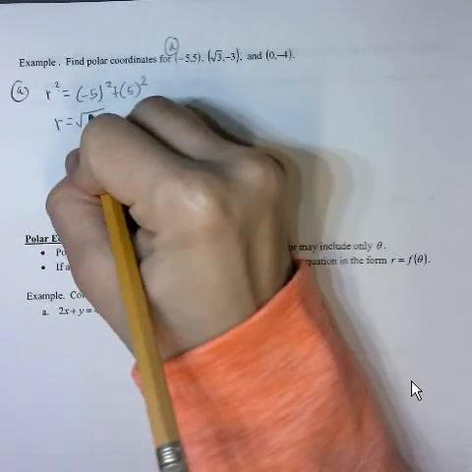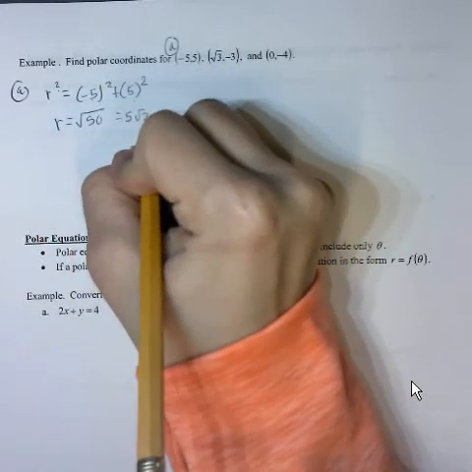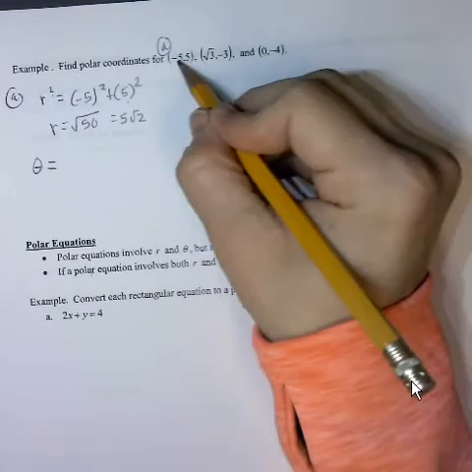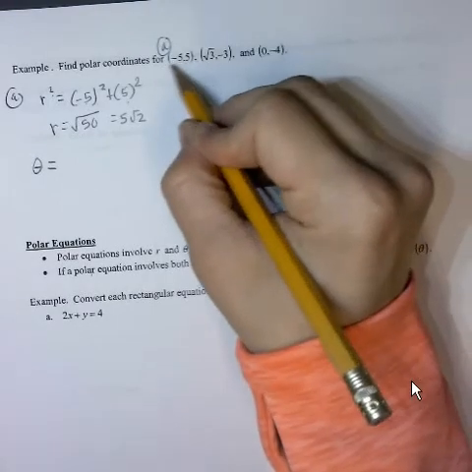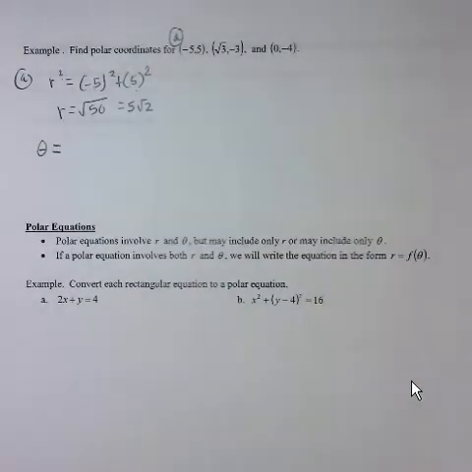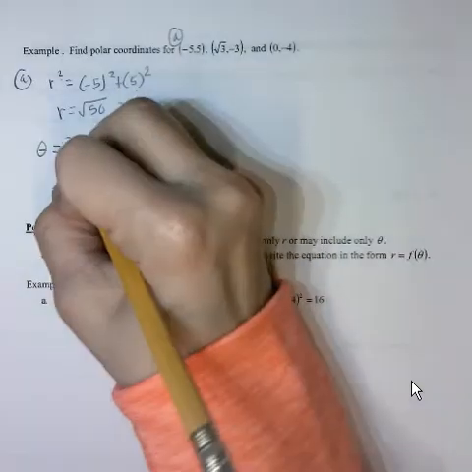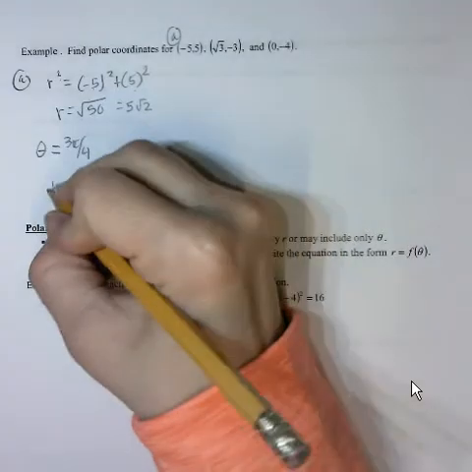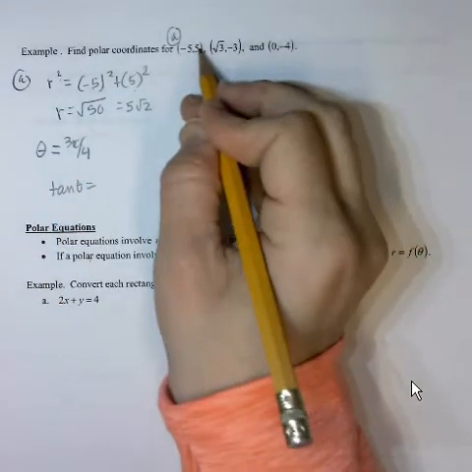Okay, so 25 plus 25 is 50, so r is the square root of 50, which is 5 radical 2. And then theta, if x and y are the same in absolute value, then you should know you're on a multiple of pi over 4. And in quadrant 2, it's 3 pi over 4. You shouldn't even need the formula for that one. But of course, if you did use it, tangent of theta is y over x, which is negative 1, right?